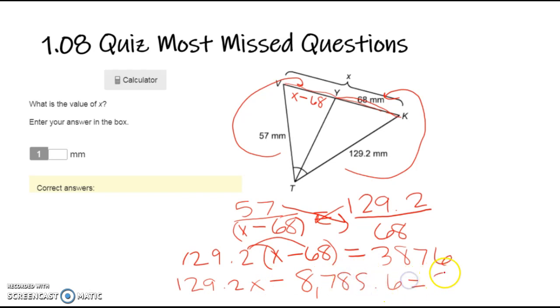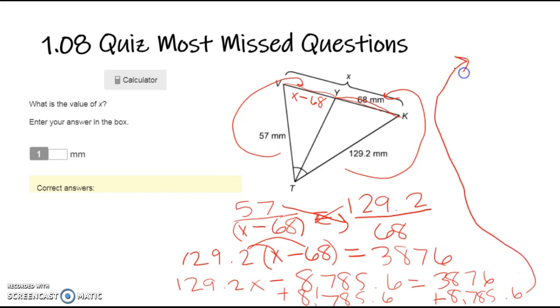All of that's equal to the 3,876. To continue solving for x, we are just going to add that 8,785.6 to both sides.